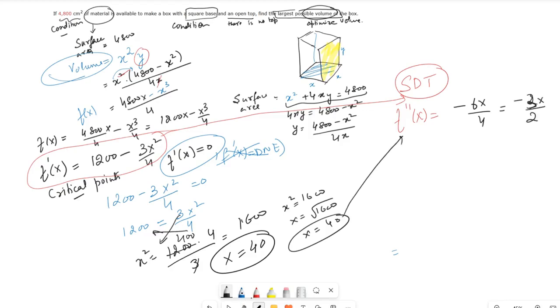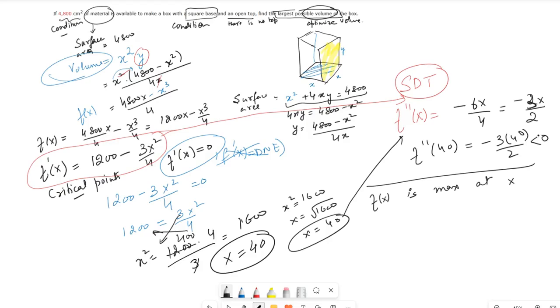When I put 40 in there, the critical point, I will get negative 3 times 40 by 2. Whatever I get, it will be negative for sure. So that means my function is maximum at x equal to 40.